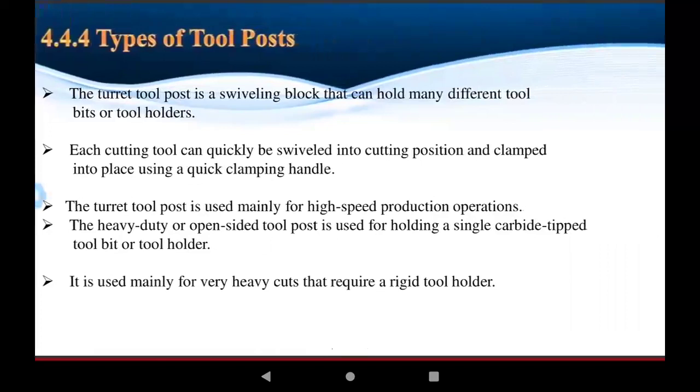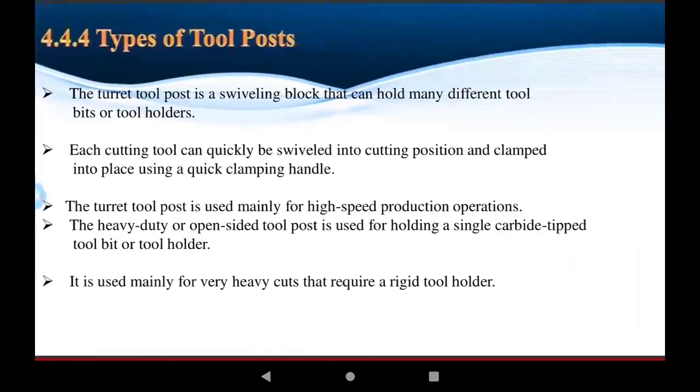The holding devices used for holding the workpiece are very strong, and they are a very critical part of the machines, along with other devices for holding tools and the tool post.